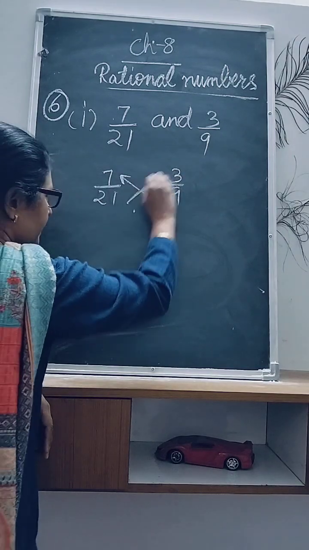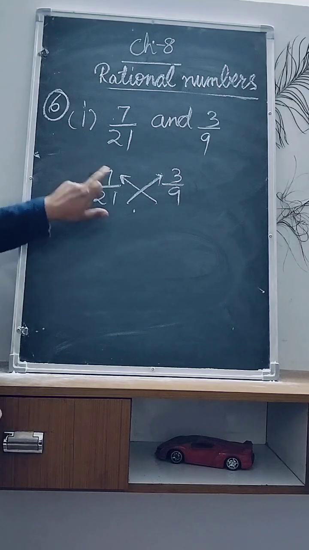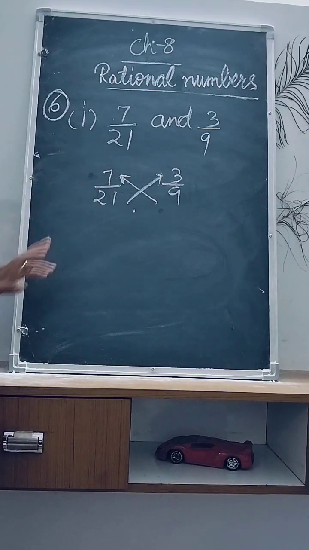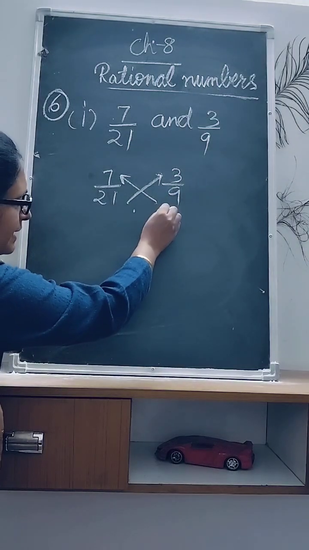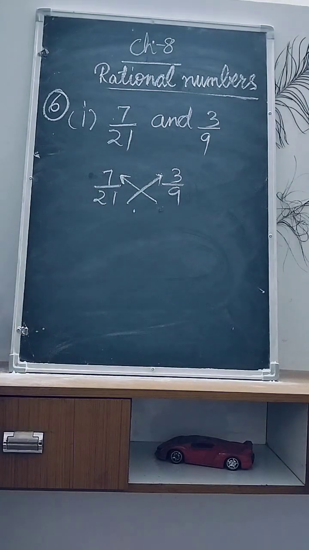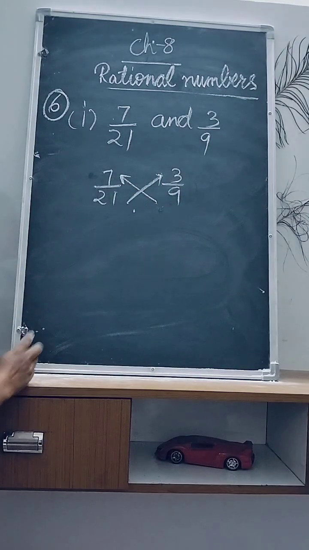Now cross multiply. When we do the cross multiplication, the numerators remain at the same side. Only the denominators go to the opposite numerator. 9 will go with 7 and 21 will go with 3.